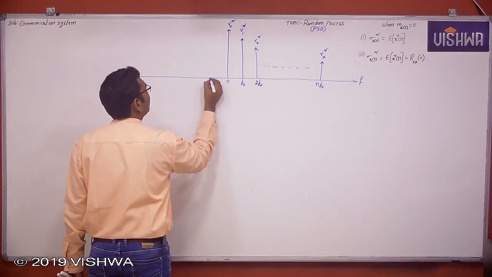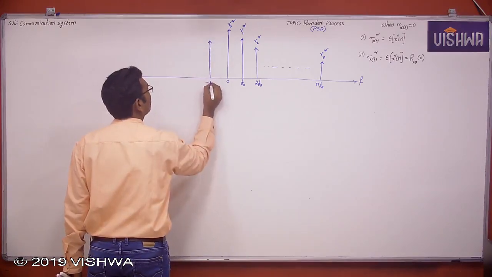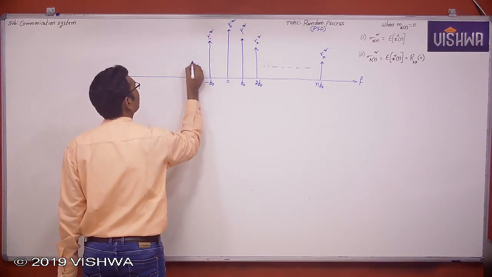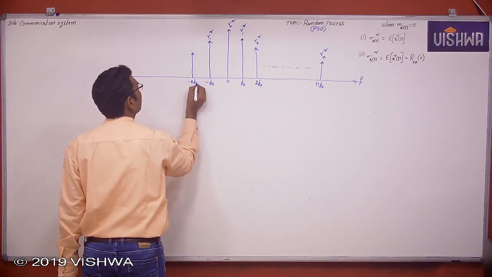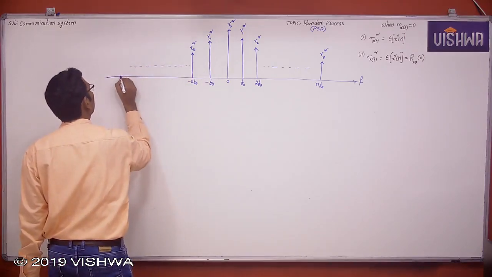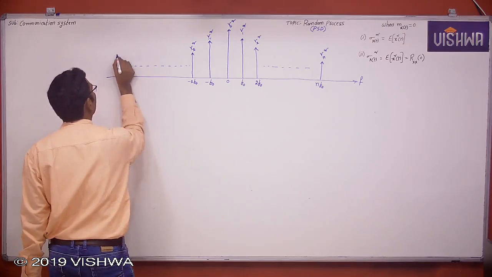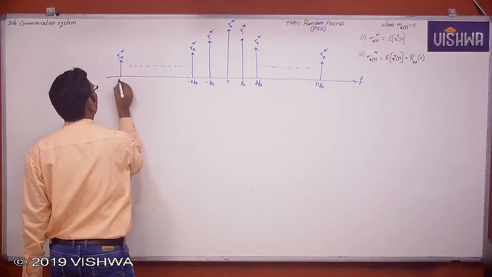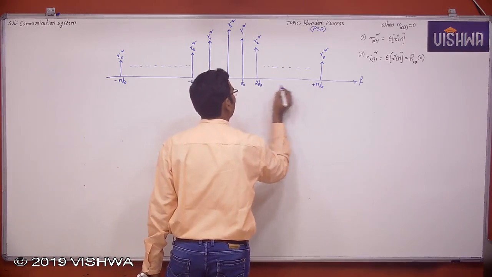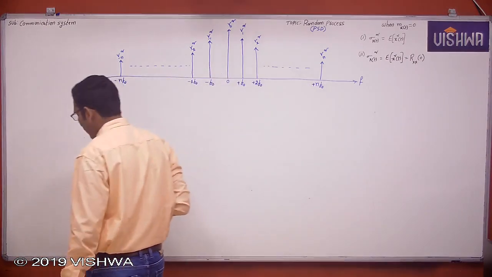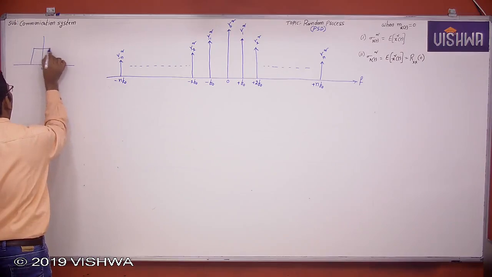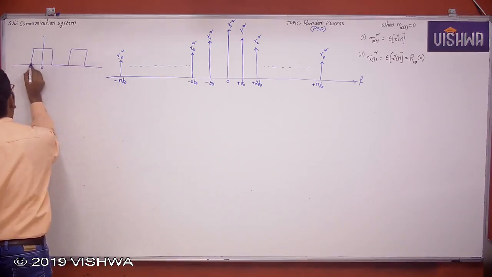Now this is the two-sided power spectrum. This is actually the Fourier transform of a train of rectangular pulses.